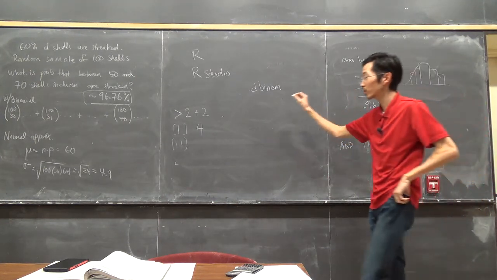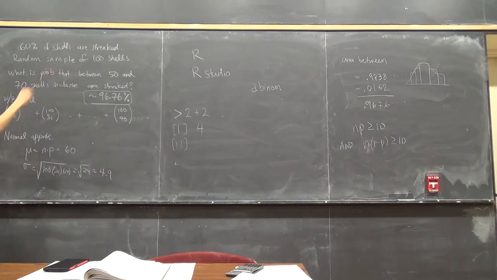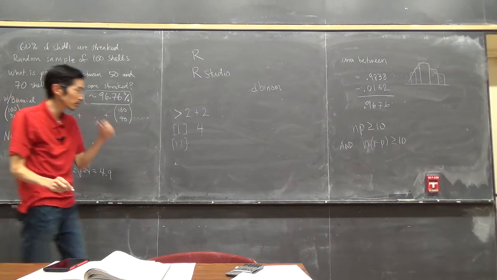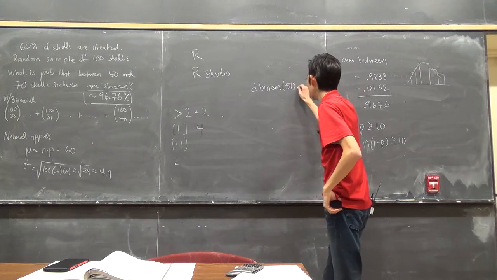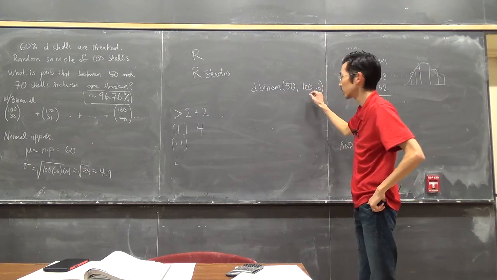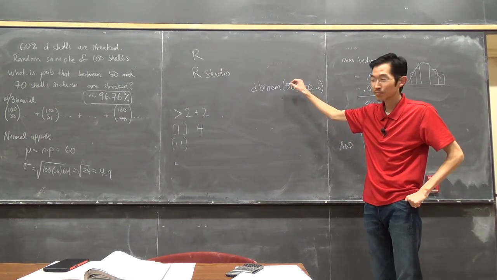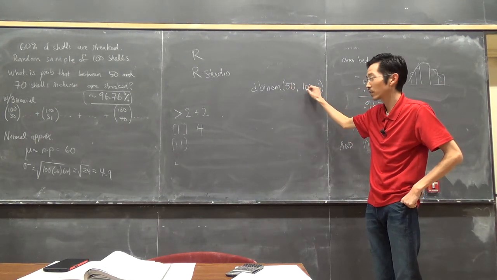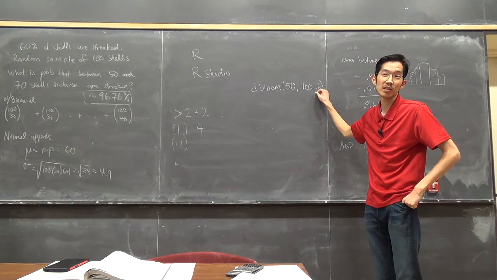So if we wanted to know the probability that exactly 50 shells out of 100 are straight, we would do dbinom(50, 100, 0.6). This says, what is the probability of getting 50 successes if I have 100 trials, and the probability of success is 0.6.